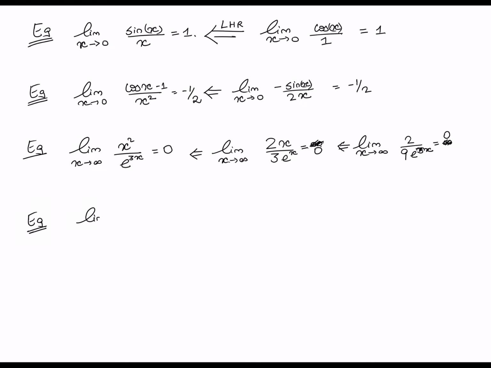Let's look at the limit x tends to 0 plus of x log x. Now as such, this does not fit in the standard form of L'Hopital's rule. So what you do is rewrite this in a manner that does. You can rewrite this as log x divided by 1 by x. Now, when you look at this, you see that as x tends to 0 plus, 1 by x tends to infinity.